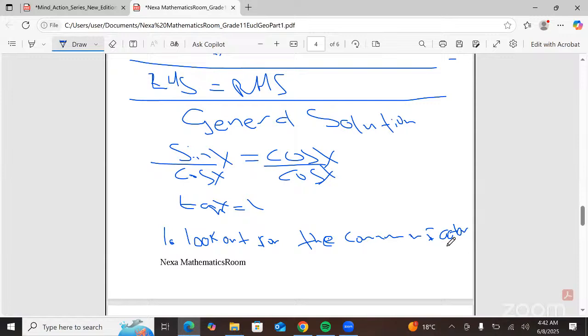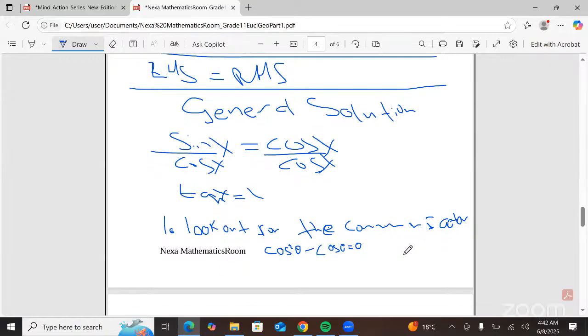For example, with some of the problems you can have something like cos squared theta minus cos theta is equal to 0. With this, you can see that yes, there is a common factor.